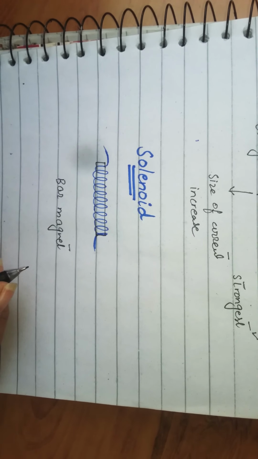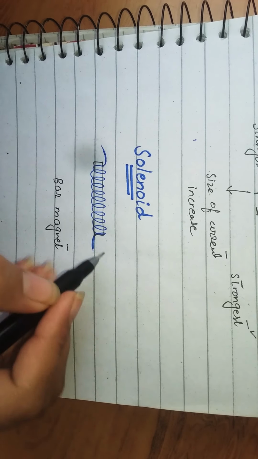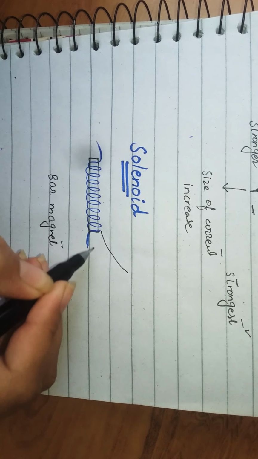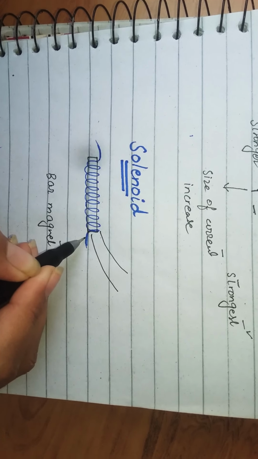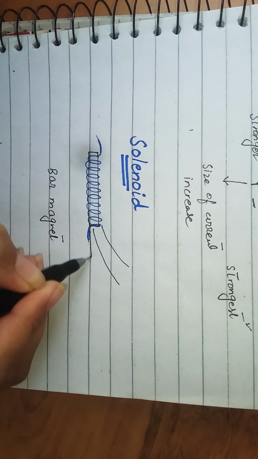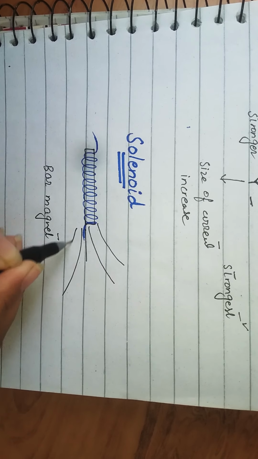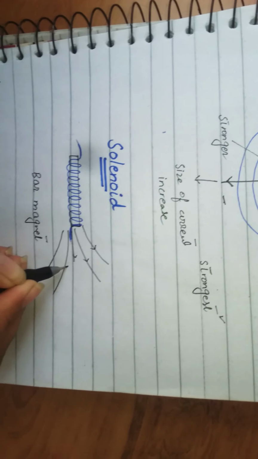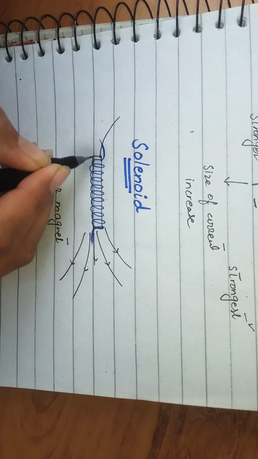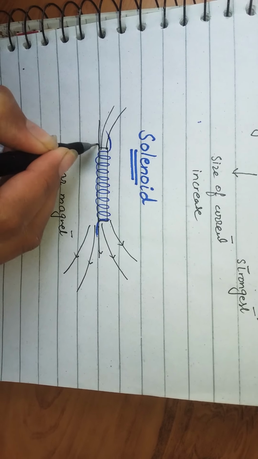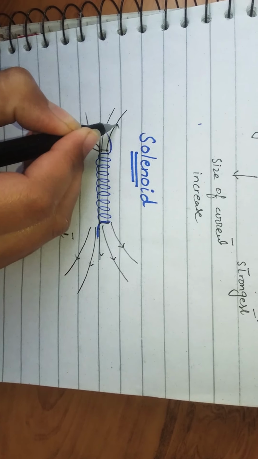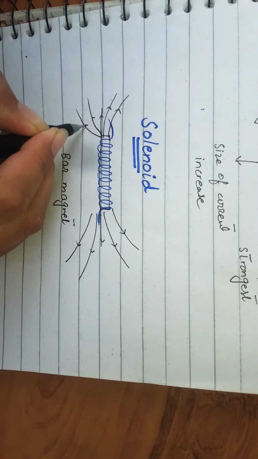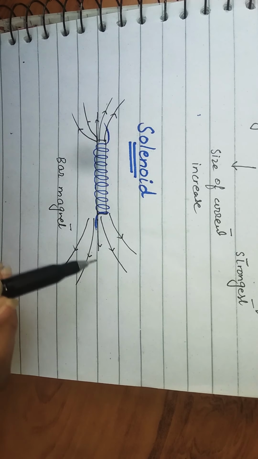As you know, a bar magnet shows magnetic field lines. Students, here I am showing with the lines the magnetic field around that solenoid.